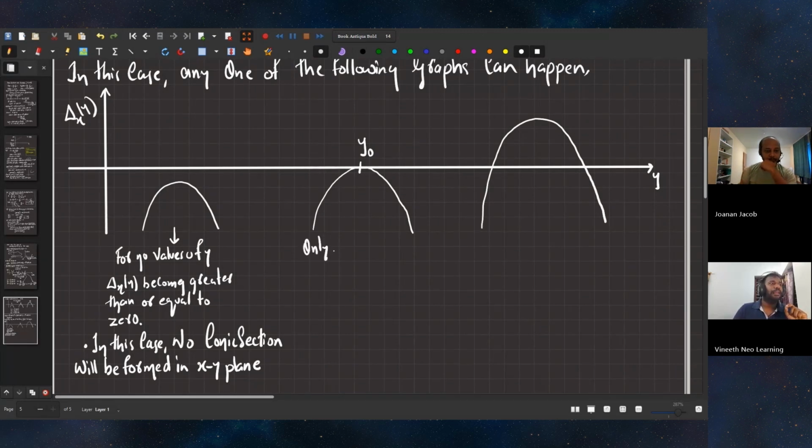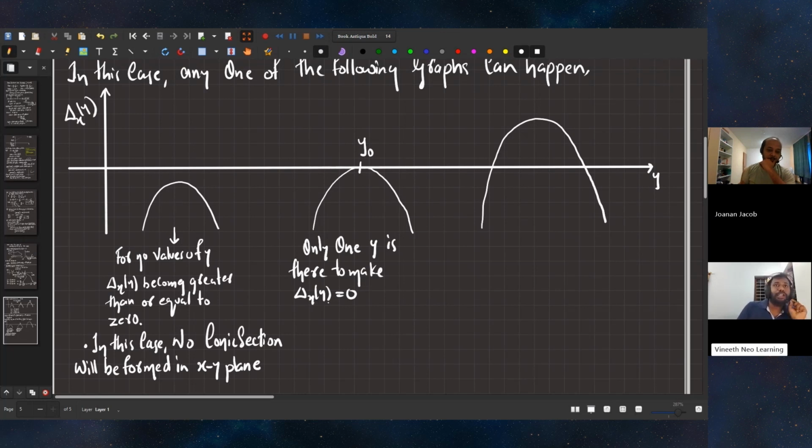Only one y makes delta xy equal to 0. It's not greater than 0, it is equal to 0.